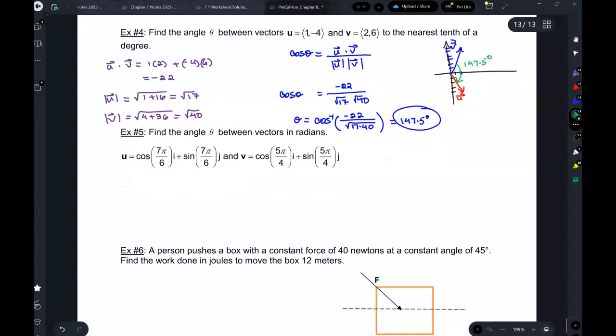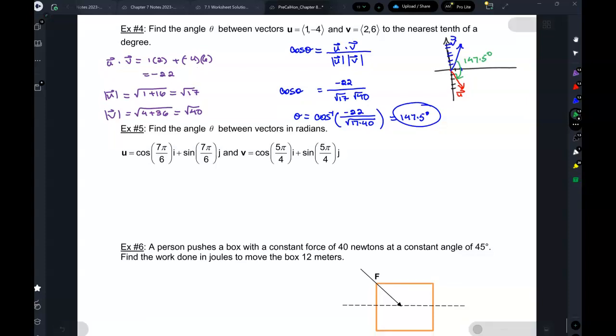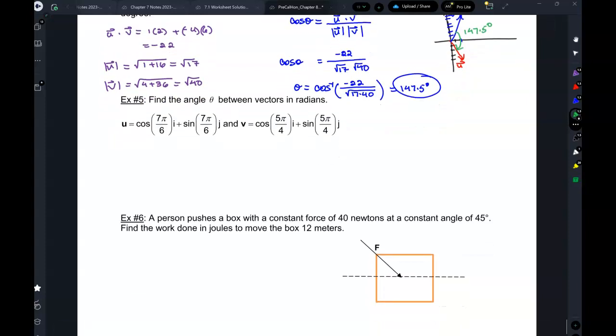Okay, so now take a look at this. Find the angle theta between the vectors in radians. Look at how this is given to us. This is given to us as a linear combination of i and j. So here we have cosine of 7 pi over 6 i, sine of 7 pi over 6 j.